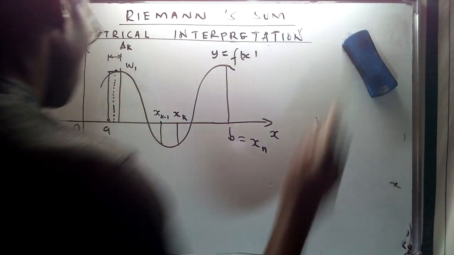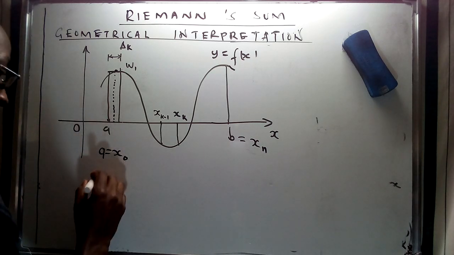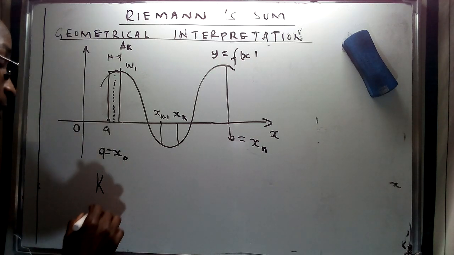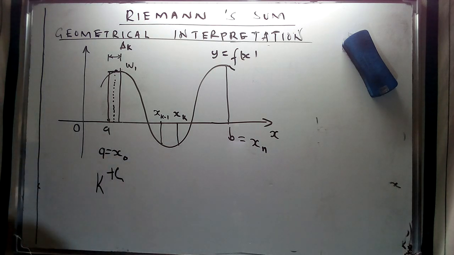Perhaps I can give an example of a function defined on the closed interval a and b, where the number of rectangles is represented by k.